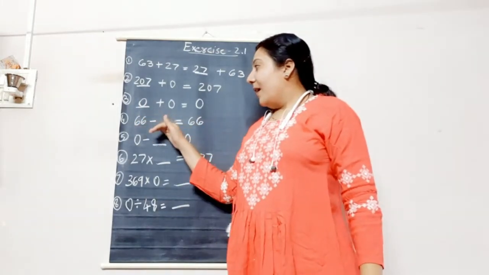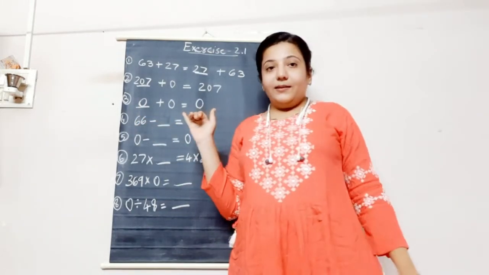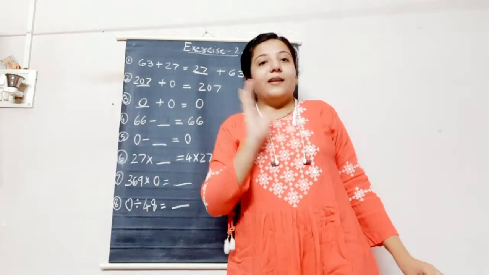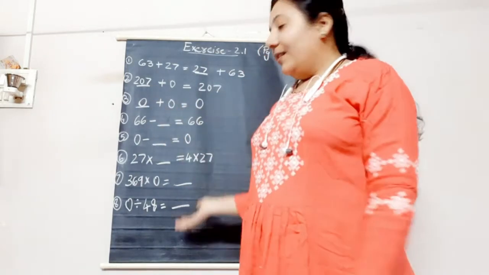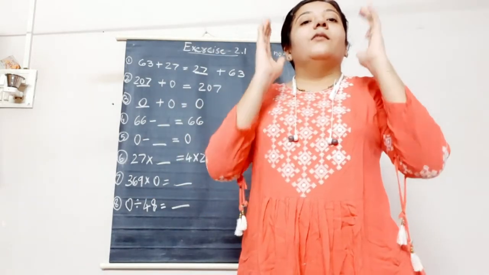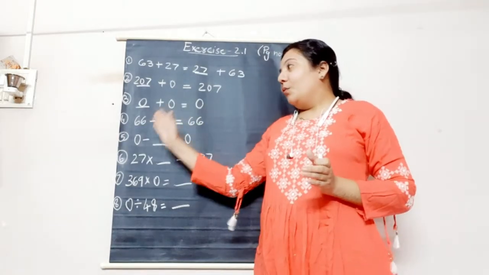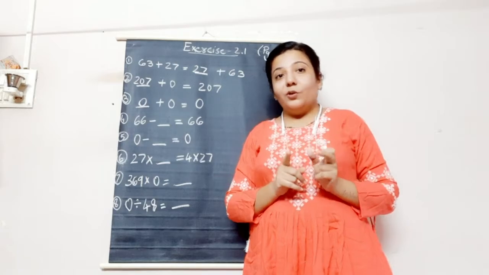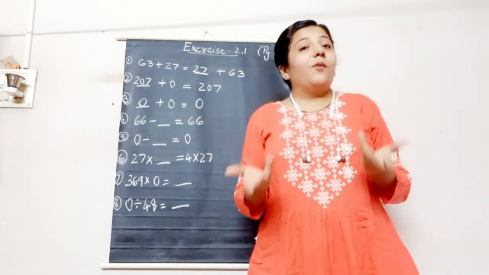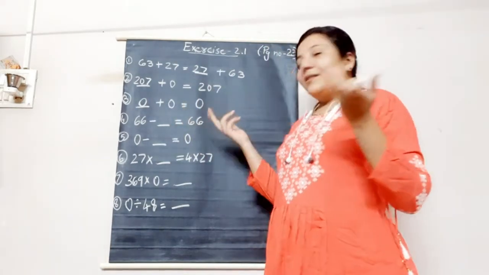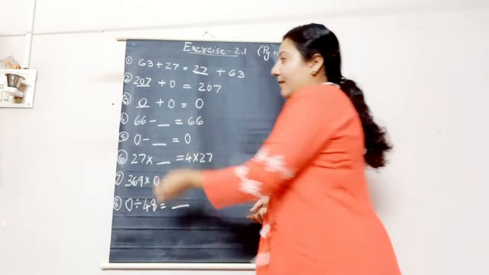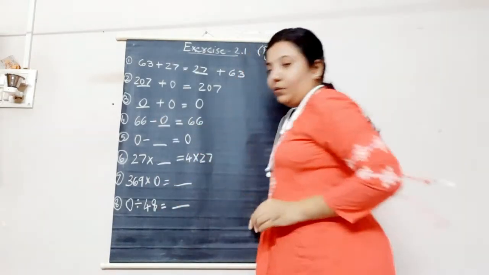Now 66 minus dash is equal to 66. Whenever you are getting confused with all these digits, just assume the favorite example, that is of chocolates. You are having 66 chocolates with you, no one is taking from you, then you are having the same chocolates, right? So your answer will be 0.